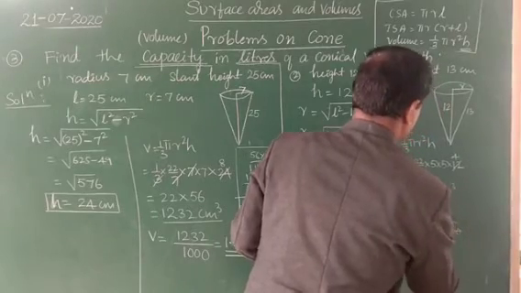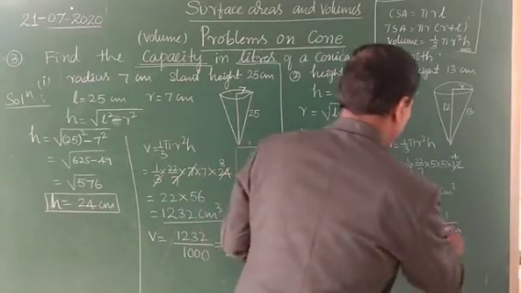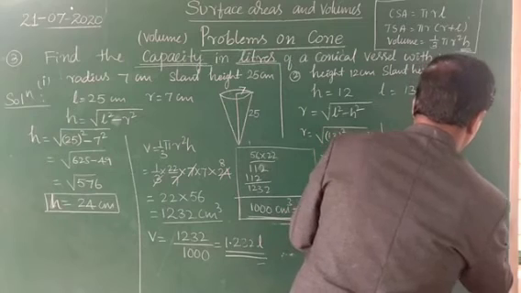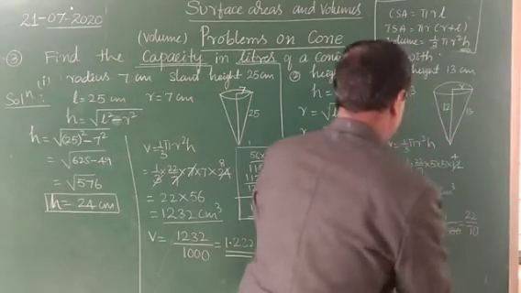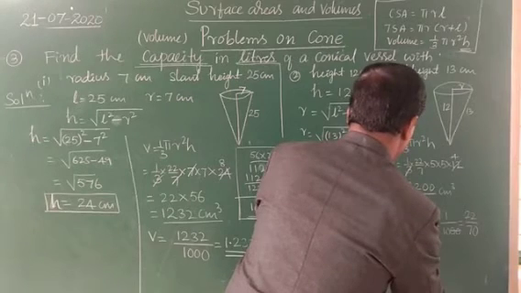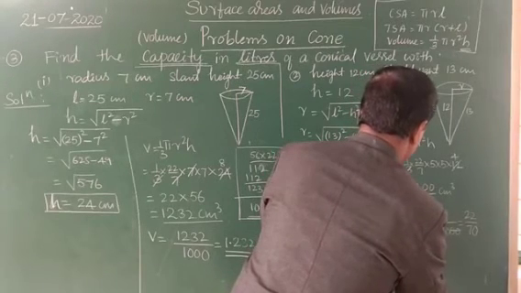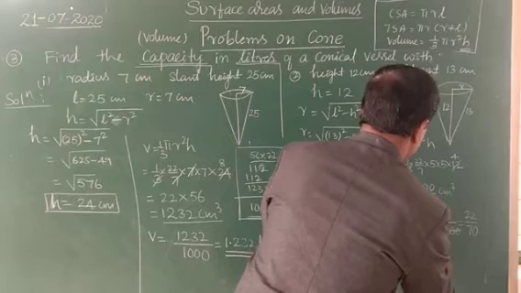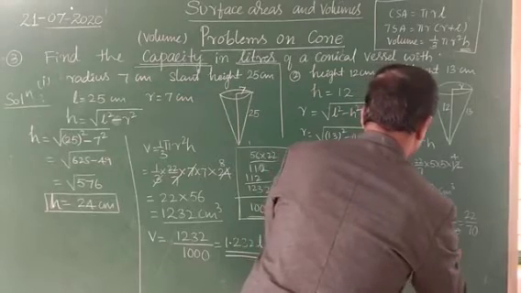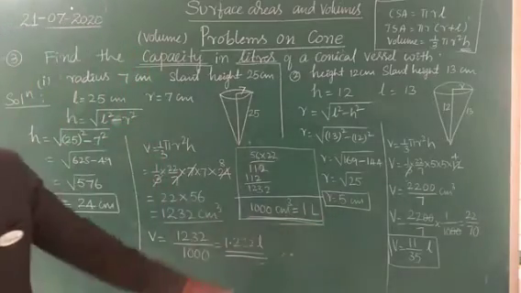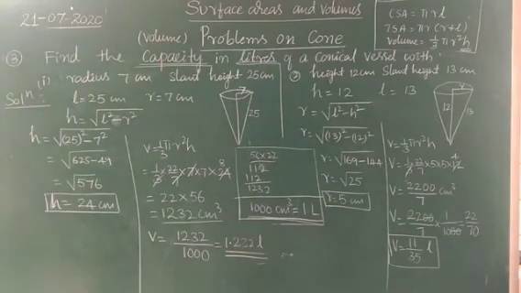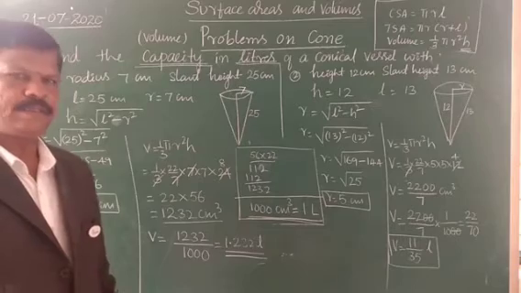So 2 zeros get cancelled. Then this becomes 22 by 70. Now V is equal to 11 by 35 liters. You will get 0 point something. You can do that, or you can keep it 11 by 35 liters.